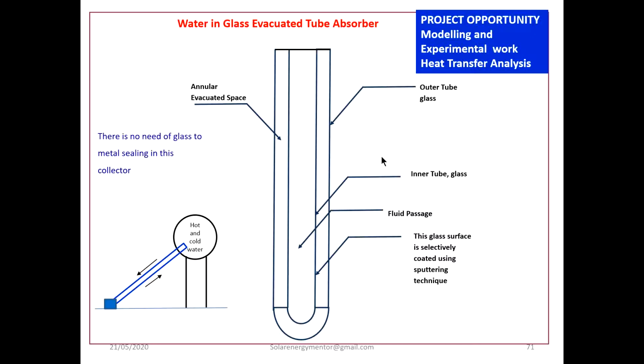Now practically what happens, the reduction in the value of loss coefficient is so drastic in evacuated tube collector that the overall temperature performance and overall efficiency performance of the evacuated tube collector becomes better than the flat plate collector. So evacuated tube collectors often perform better than the flat plate collector.